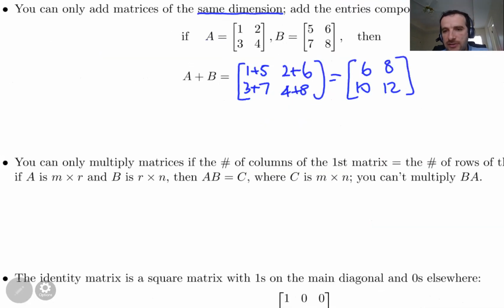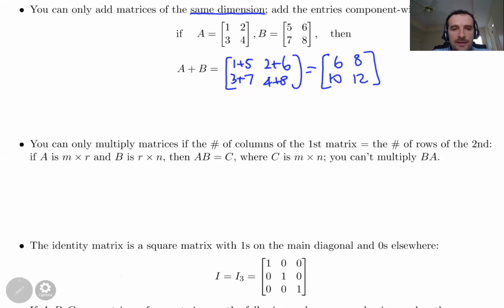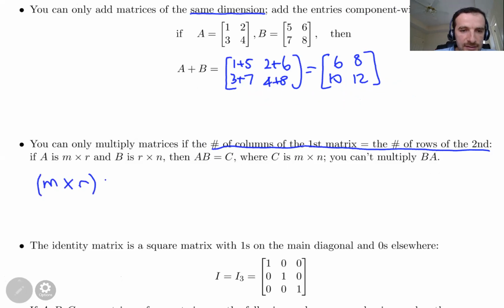Can we multiply matrices? Again, the answer is yes, but it depends. And to be able to multiply matrices, what is the condition? The number of columns of the first matrix should be equal to the number of rows of the second matrix, okay? So for example, if you are multiplying an m by r matrix times an r by n matrix, I can apply this multiplication because these are the same numbers, right?